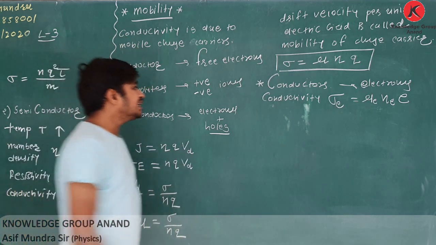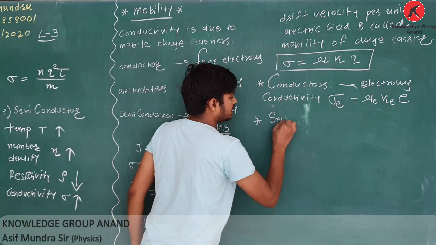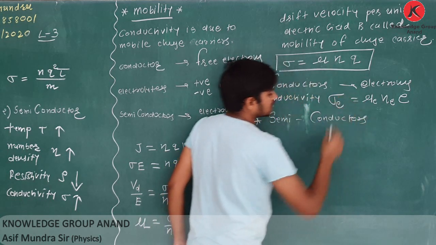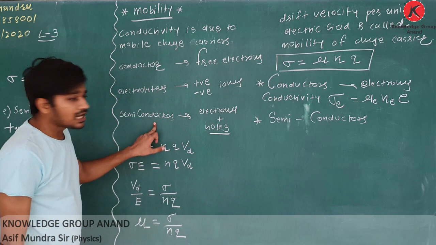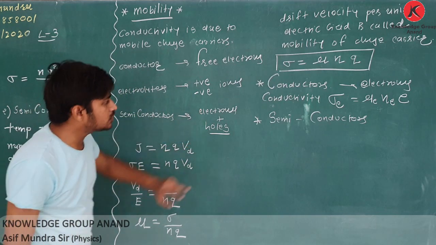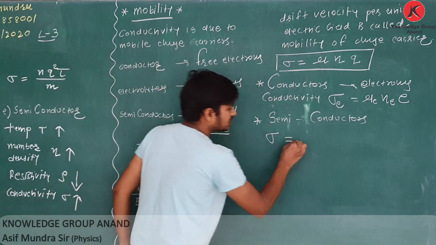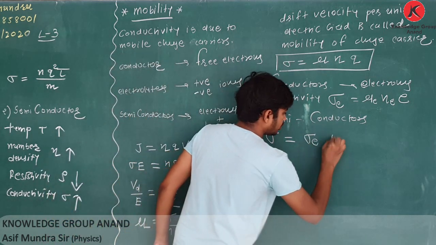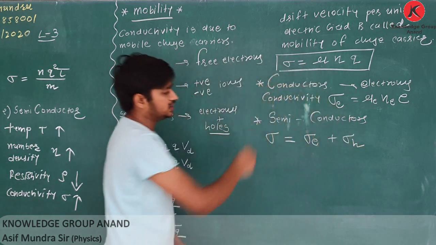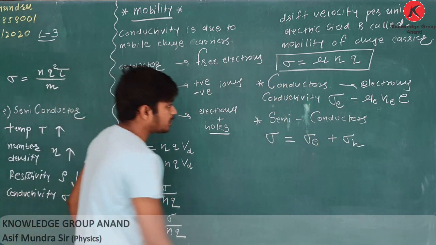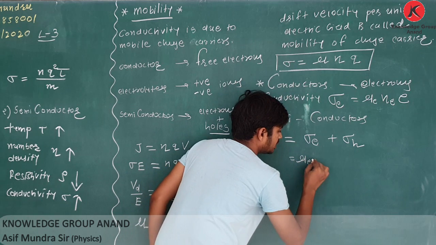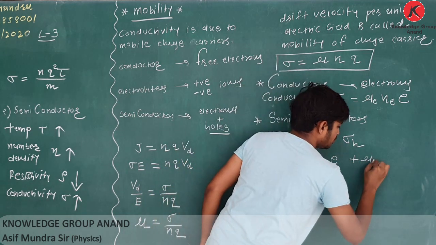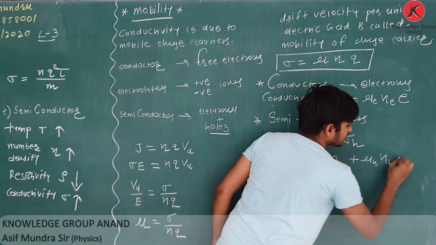Okay. In case of semiconductors, current is due to electrons and holes. Then here total conductivity in semiconductor, sigma is equal to sigma e plus sigma h. What is equation of sigma e? Mu e n e plus, here it is mu h n h e.